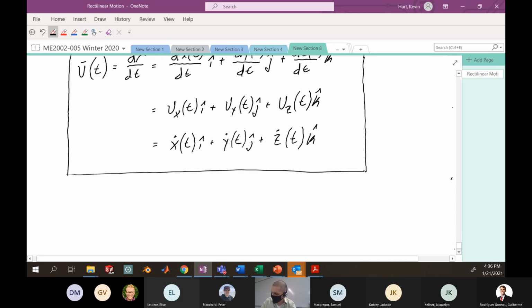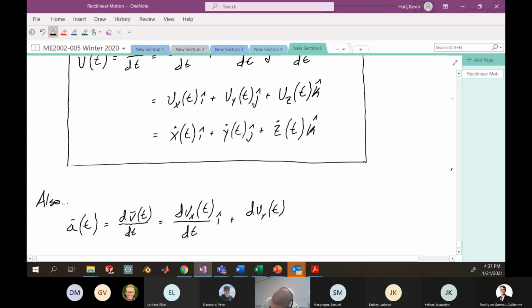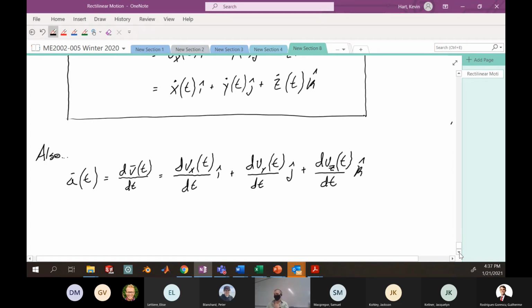All right, same with acceleration. Okay, so you will see this as dVx/dt i hat plus. That's one form.